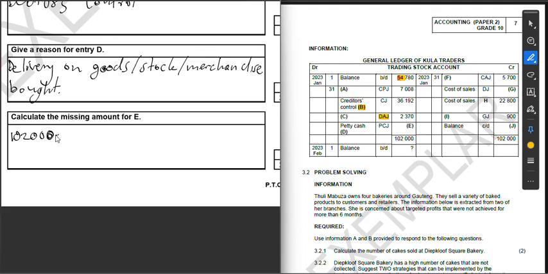So 102,000 less 2,370 less 36,192 less 7,008, and finally less 54,780. So this, ladies and gentlemen, is your calculations, and then after you do this, you are going to get the answer.